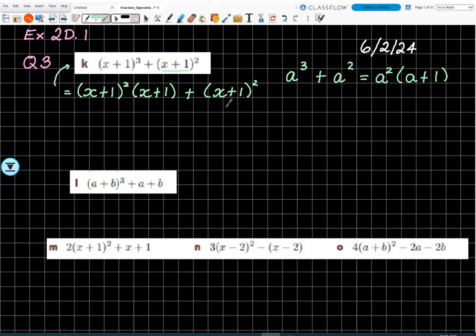And we do what we did before, where we ask, what's our common factor? There's an x plus 1 squared there, and there's an x plus 1 squared there. And that is what we pull out the front. When I pull it out from here, what am I left with?